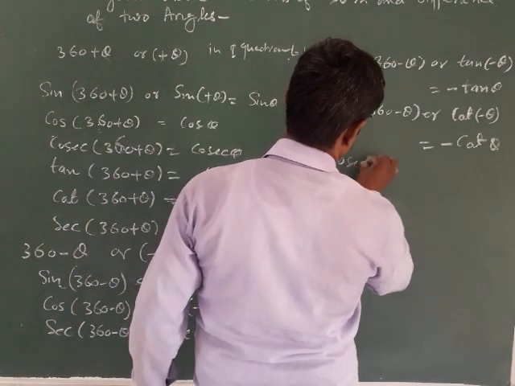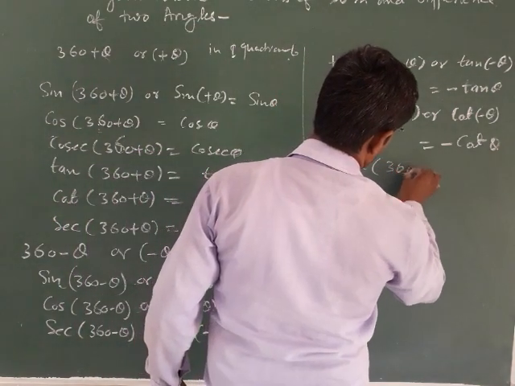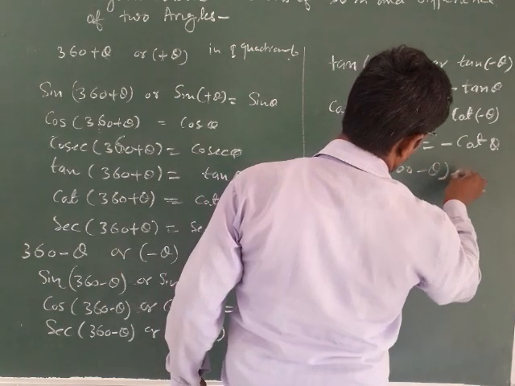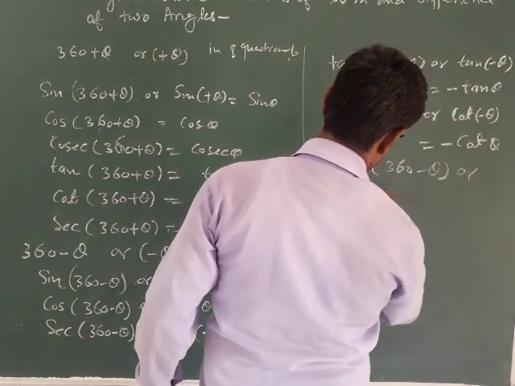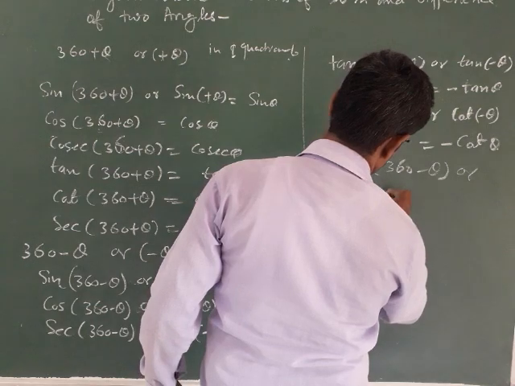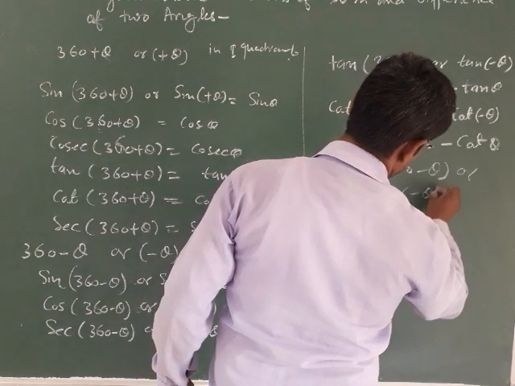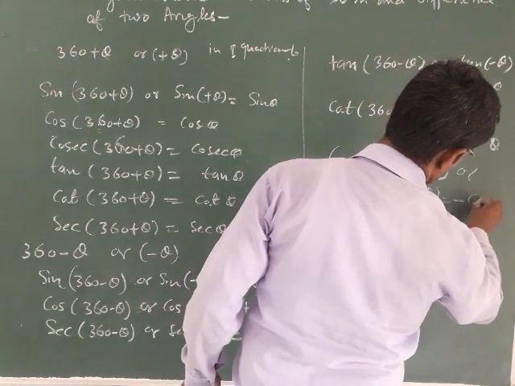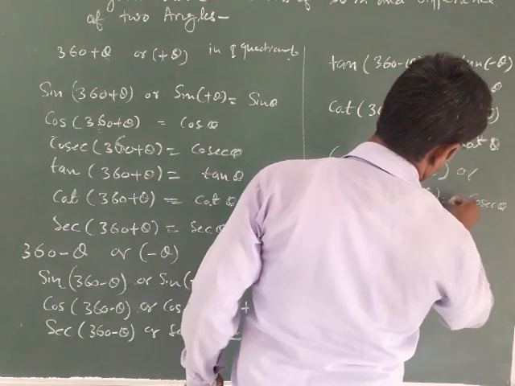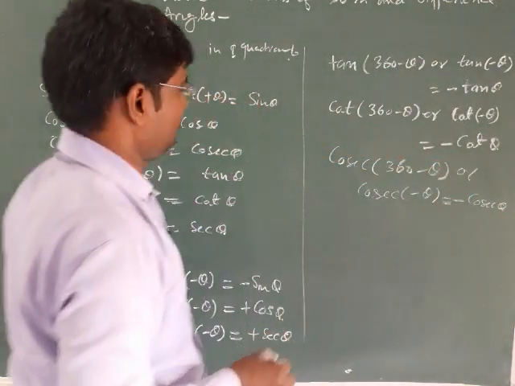Cosec(360 minus theta), or cosec minus theta, is equal to minus cosec theta.